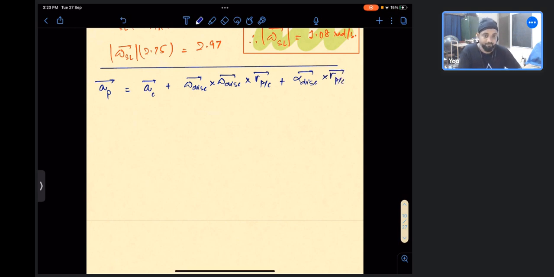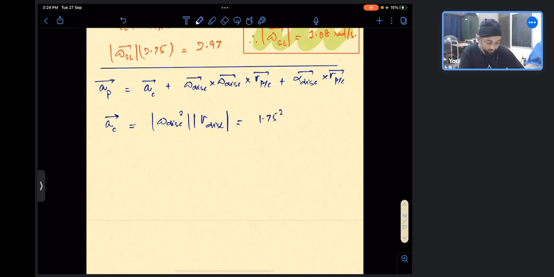Acceleration of C here, we know it is pointing towards the center. The magnitude we can easily calculate as omega disk squared into R, the radius of the disk, which comes out to be 1.75 squared into 1.5.